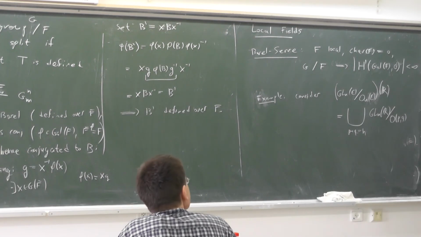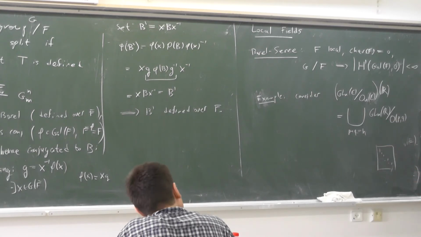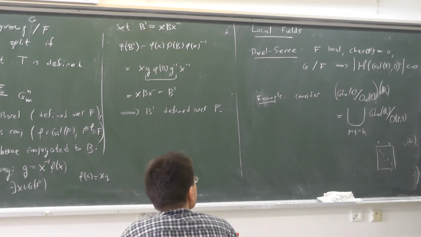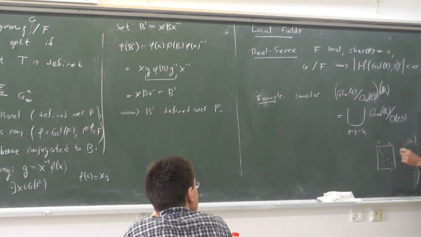O(p,q) is defined as the subgroup of GL_n(R) stabilizing this standard form. The thing is, there are finitely many orbits, and we know this very well in this example. And of course, by the way, there is just plus one and minus one here, and somehow this is related to the fact that the Galois group is of order 2.